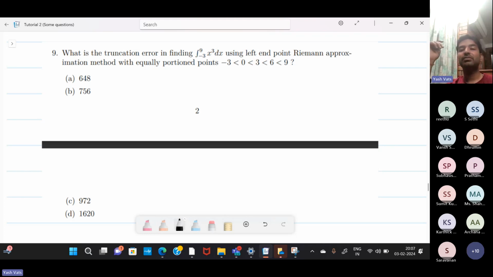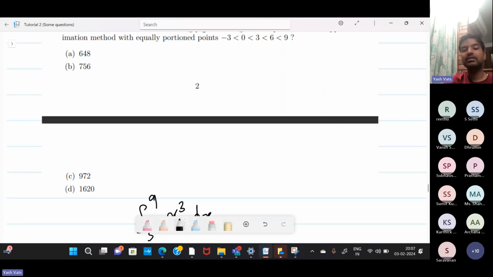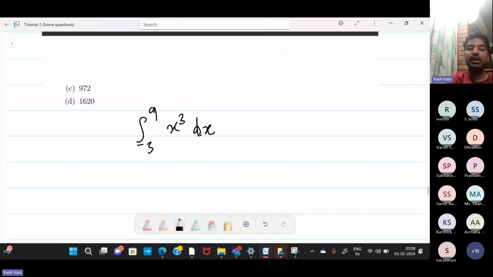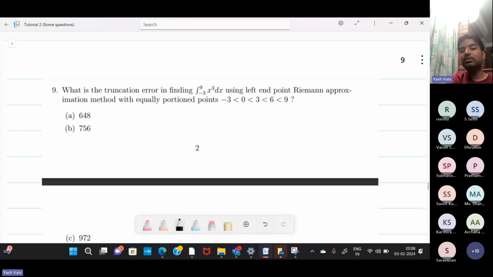So what is the Riemann sum formula? The integral from -3 to 9 of x cubed dx is approximated by a Riemann sum. It is a left-hand point Riemann sum. How many points are there? -3, 0, 3, 6. We don't need the right-hand point because it's just left-hand. What is the spatial step value?